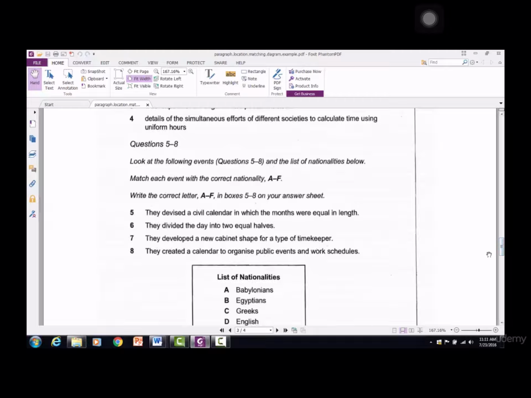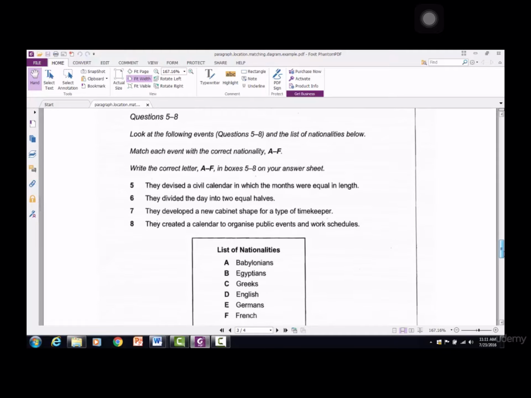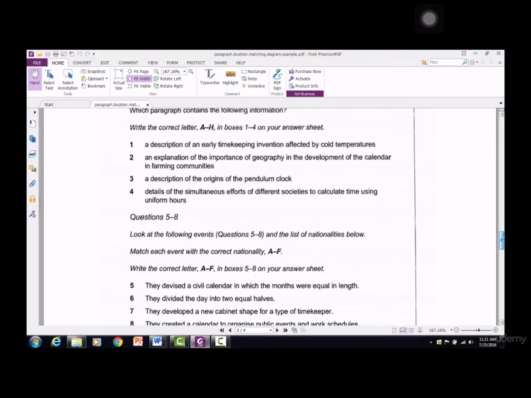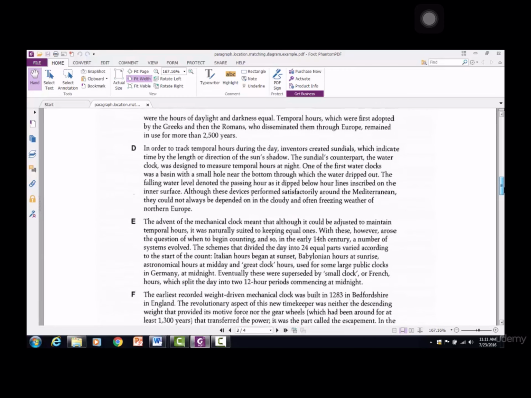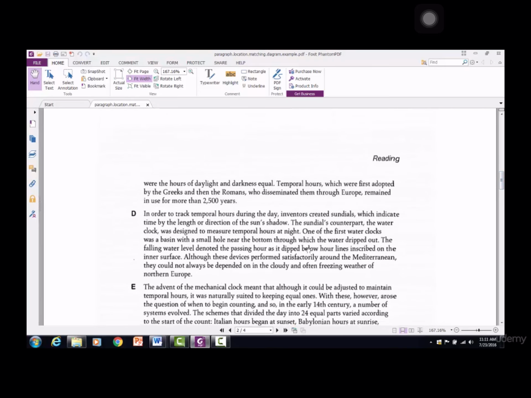All right, let's look at Greeks. We already saw all the ones. Let's see. Here's Greeks right here, everyone. Temporal hours, which were first adopted by the Greeks and then the Romans, who disseminated them through Europe, remained in use for more than 2,500 years.